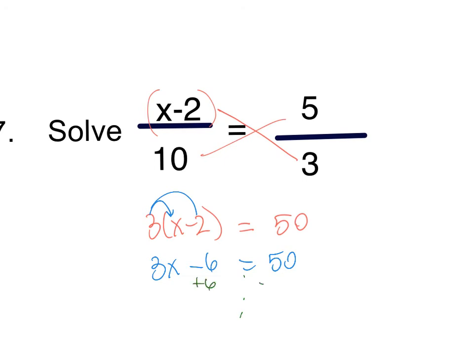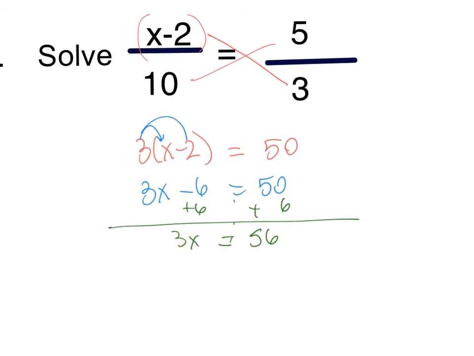Solve like normal. 3x is equal to 56. In order to get x by itself, I am going to divide by 3.